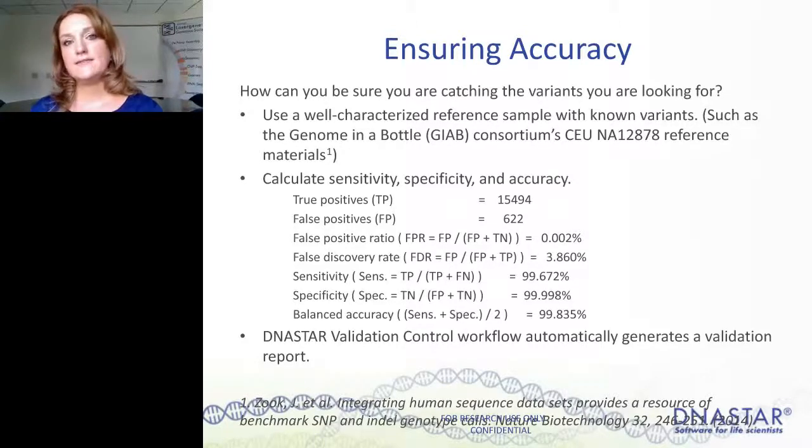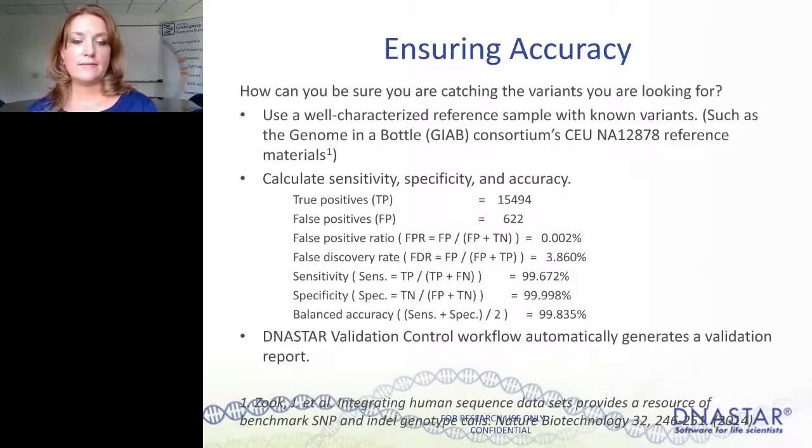And this is a female person from Central European descent, and they have taken her genome and sequenced it using a variety of sequencing technologies, I think half a dozen different technologies. Then they've come up with a consensus of which variants are in there, and they have a high confidence of over 80% of that genome. So it's a very useful standard to use to run a validation test.